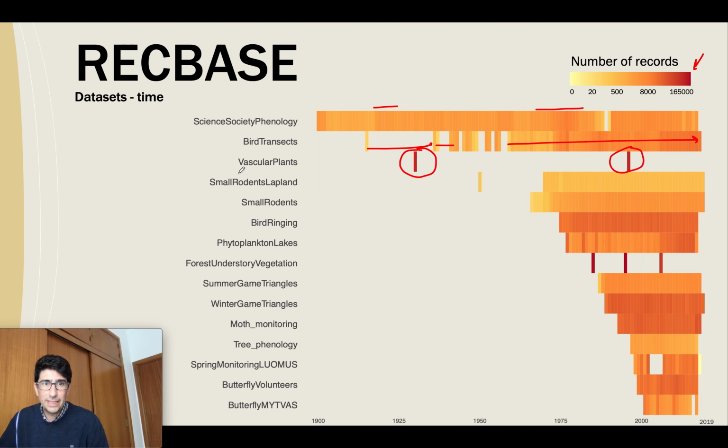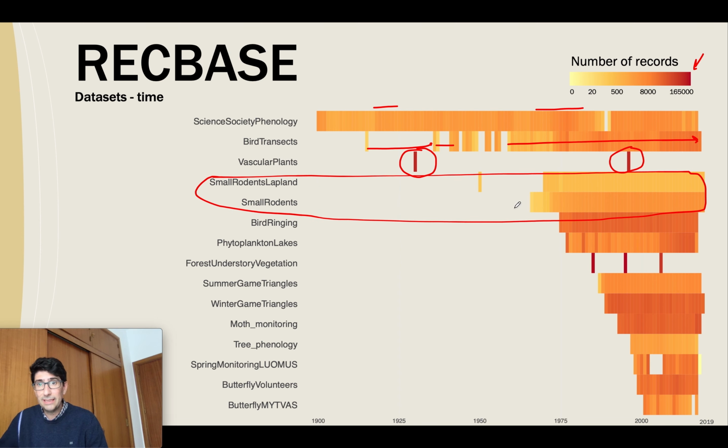What else can we see here? Small rodents: this is the same database, but as I told you before, the methodology is slightly different here in Lapland. That's why it's in a different dataset. Bird ringing, there are a lot of records. Forest understory vegetation is the same case as vascular plants, that there are only three surveys in this case.